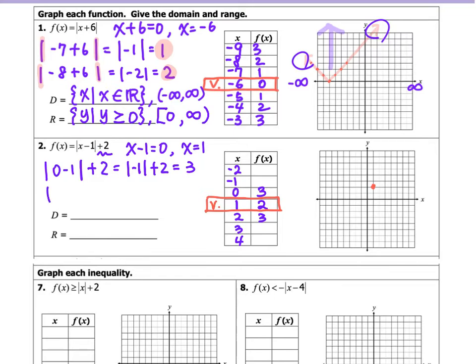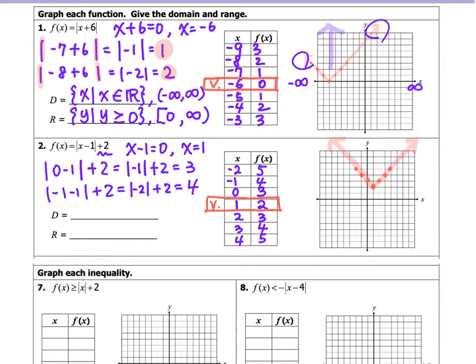Let's move on to negative 1 minus 1 with absolute value plus 2. That's the absolute value of negative 2 plus 2, which will be 4. You do one more time with negative 2, that will be, that's right, 5, and 5.